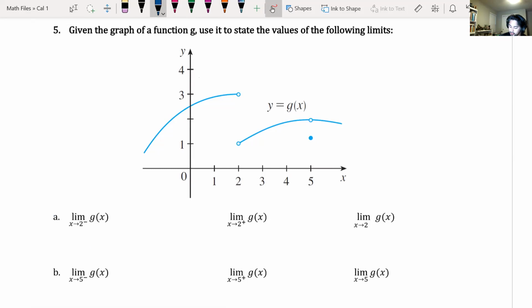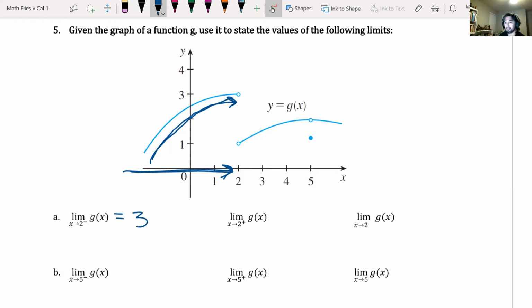As we approach 2 from the left, what is our y value doing? What number is our y value getting close to? 3. Good. So as you approach 2 from the left, our y value gets closer and closer to 3. So the limit from the left is 3.